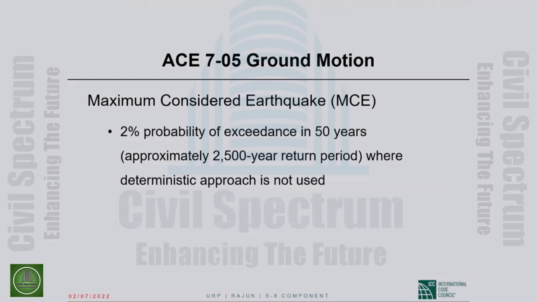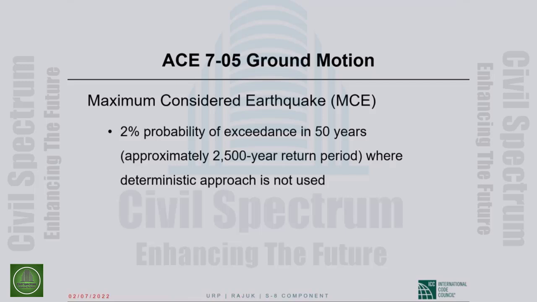Now, in the rest of the country, where seismologists are nowhere near as confident that they know the seismic sources or their capabilities, some of the best of them together decided that the event that comes closest to the deterministic earthquake of the western United States is a 2,500-year return period event. Okay? 2% probability of exceedance in 50 years. Okay? So remember, the design earthquake of the UBC was 90% non-exceedance.